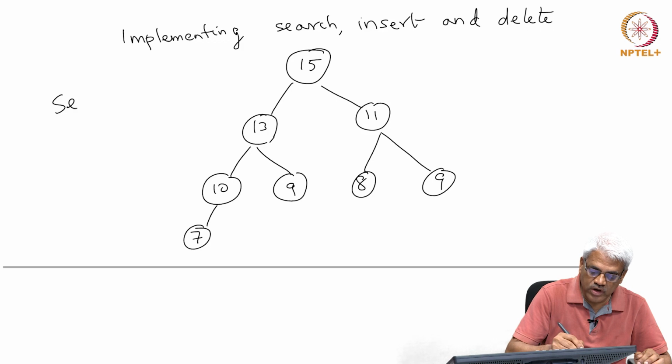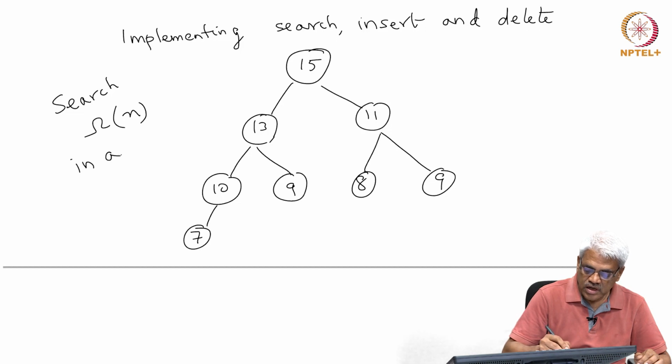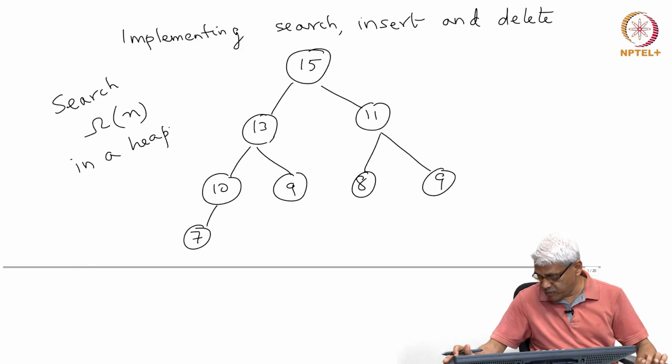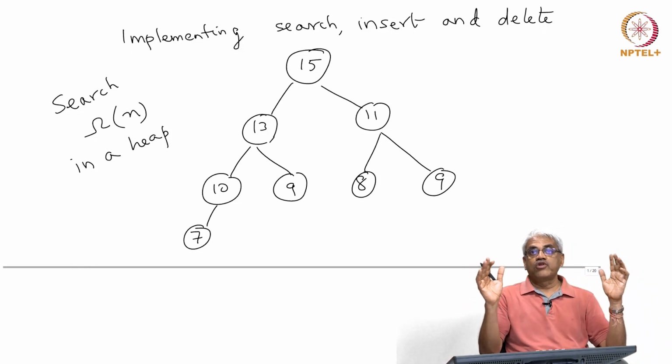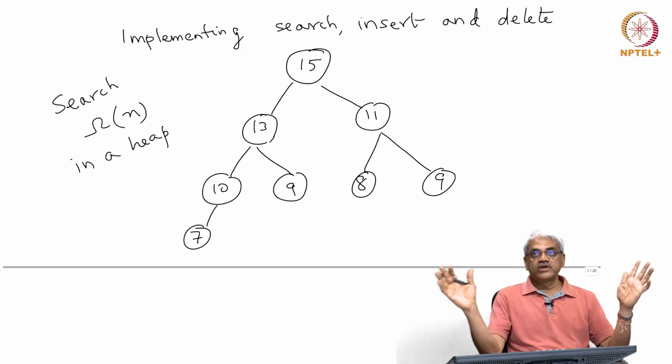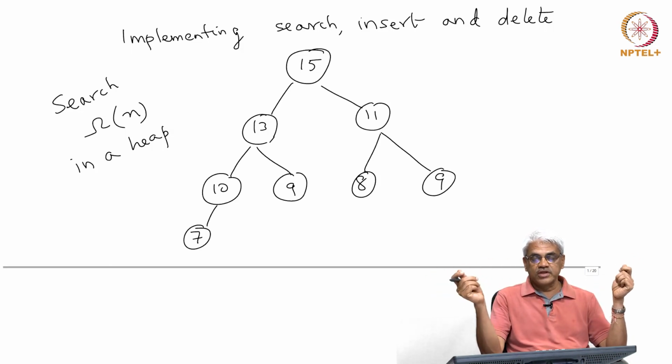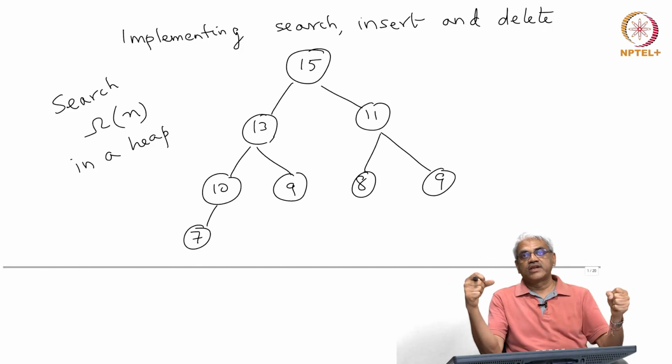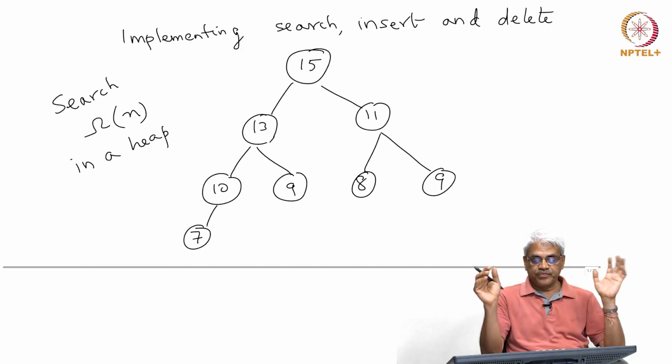Okay, so this is an important observation, that search in a heap can take as bad as linear time. But that is not a problem for priority queue operations, because search was not one of the operations required. We wanted to do only insert and delete max. Remember, the objects are coming and we want to take the highest element and service it.